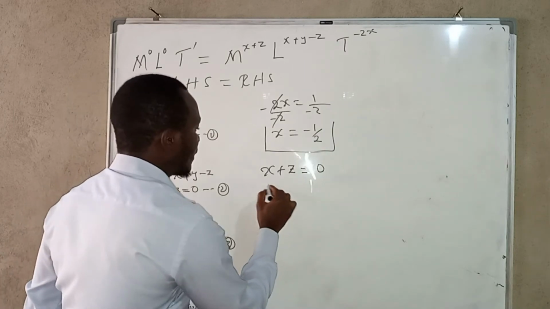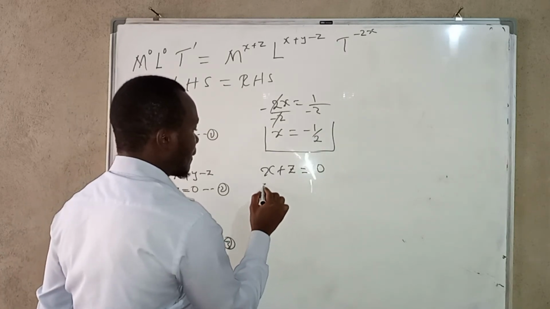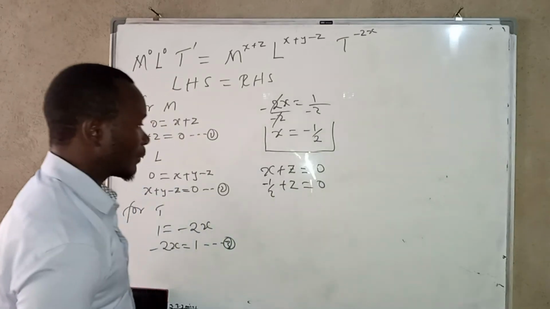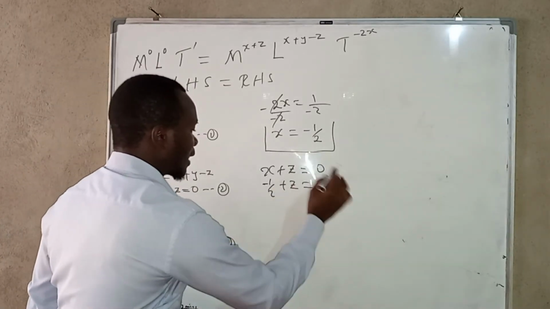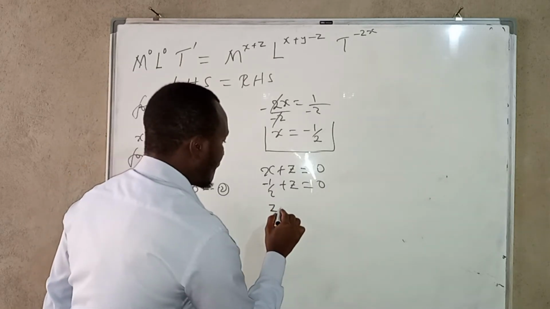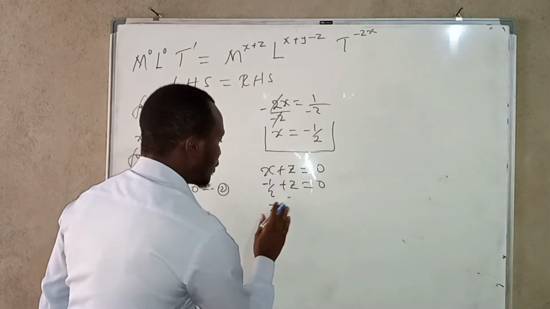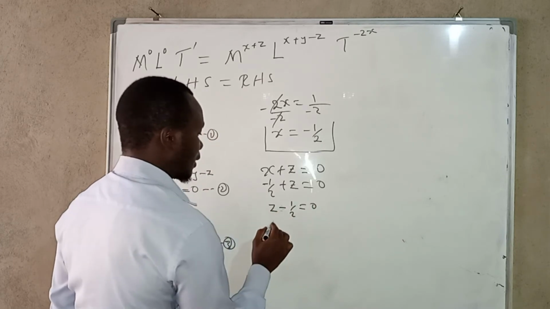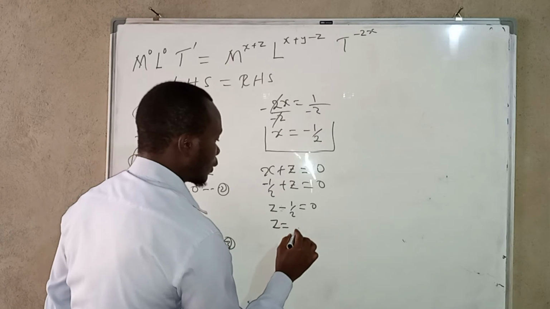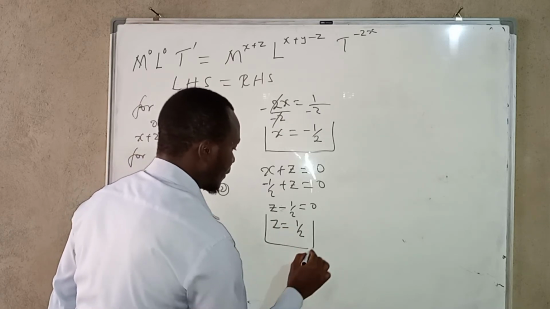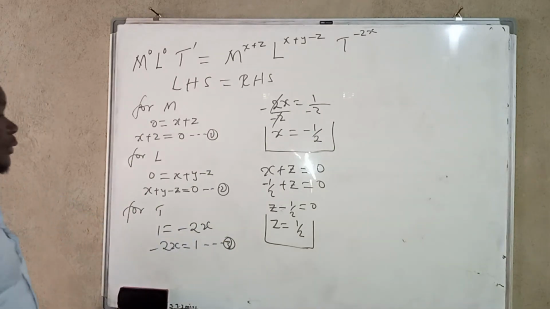So we have X, which is negative half, plus Z, this must give us 0. So when this crosses the equal sign, Z minus half is equal to 0. So Z is equal to positive half.